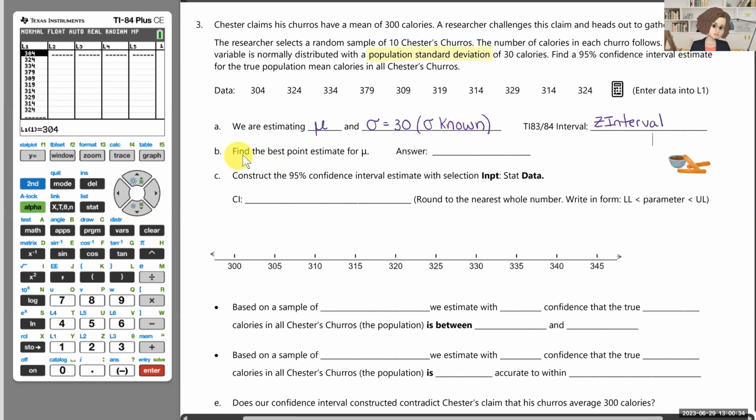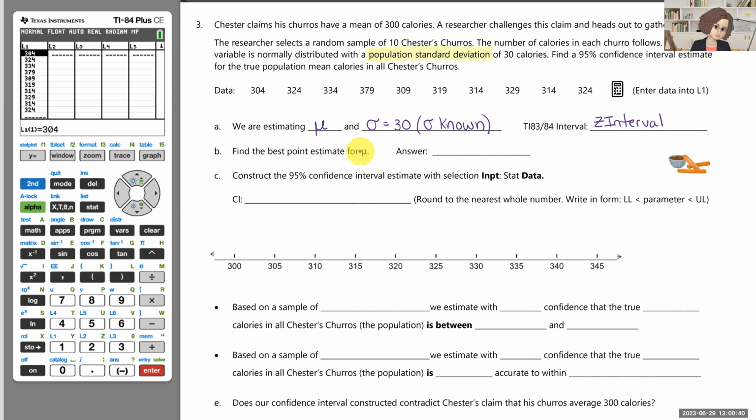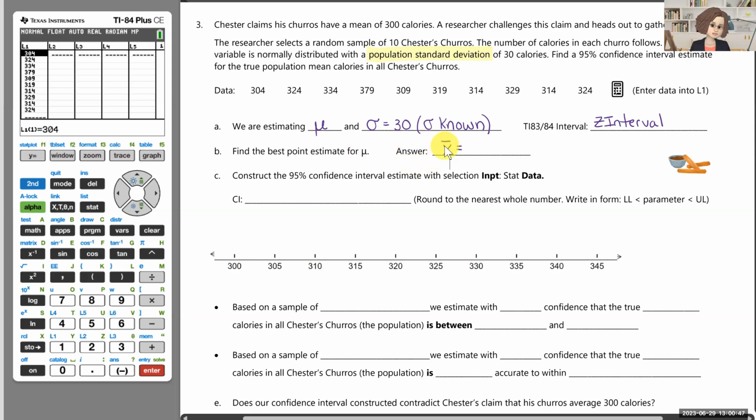But before we do that, I did want to write down the best point estimate for mu. Your best point estimate for a parameter is its corresponding statistic. So sample mean is our best point estimate for mu, population mean.